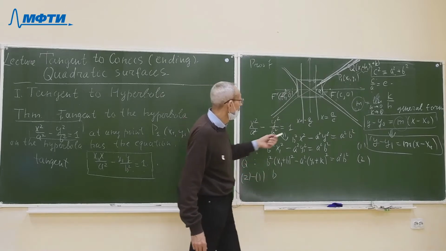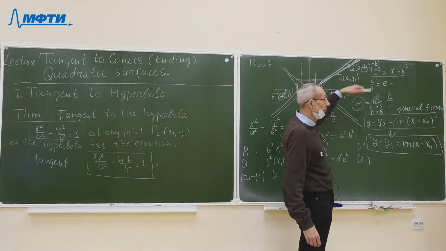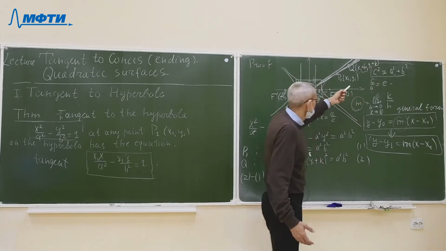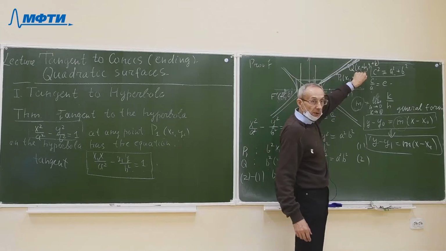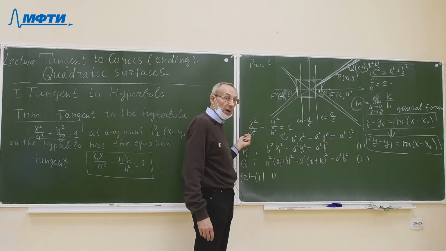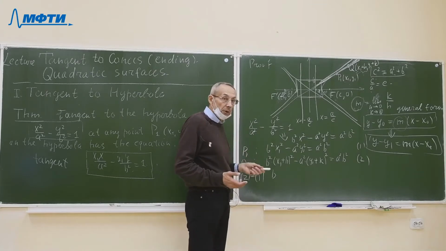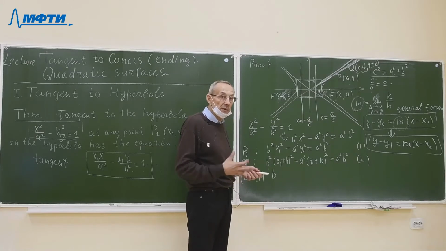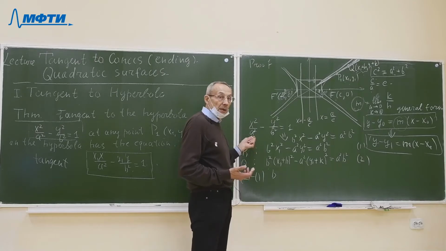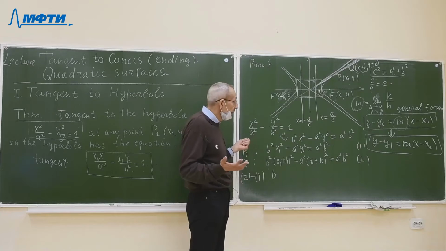We have 2 points, P1 and Q, which lie on our hyperbola. Then the coordinates of these points satisfy the equation of the hyperbola. By definition, if we have any point which lies on the curve, the coordinates of this point satisfy the equation of the curve.